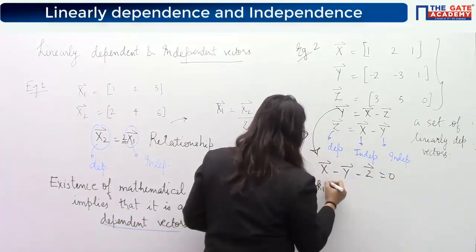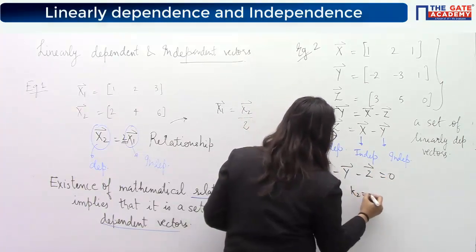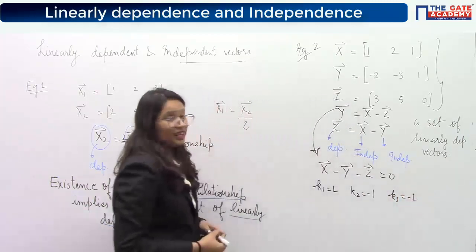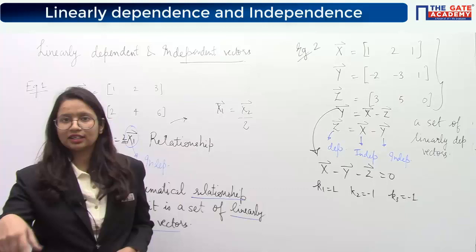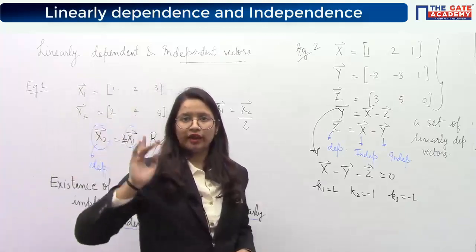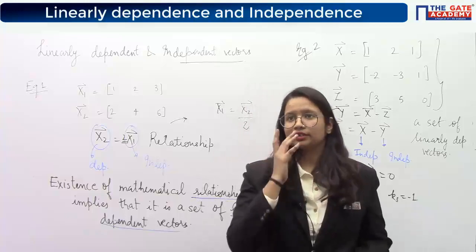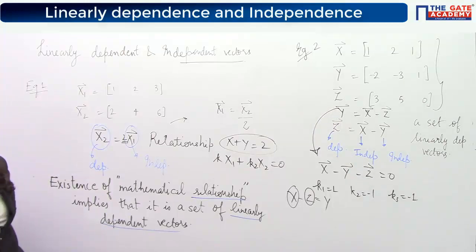So k1 here is 1, k2 is minus 1 and k3 is again minus 1. So whenever this linear combination is satisfied for a set of n vectors, then that set of n vectors is known as linearly dependent vectors. So this is what we have discussed about linearly dependent vectors.